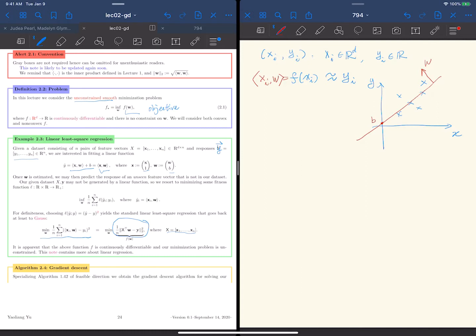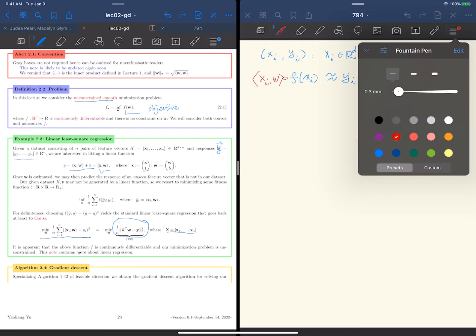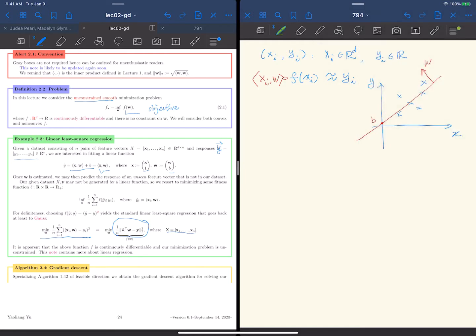You are free to find any w and b as long as you can fit the data well. So our linear least squares problem is basically looking at this sum of these distances, and we minimize it.